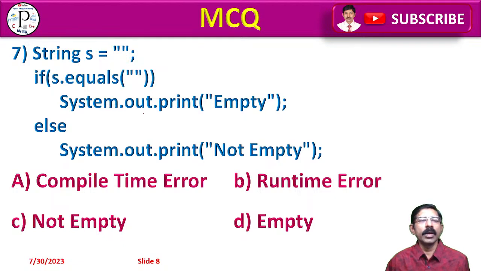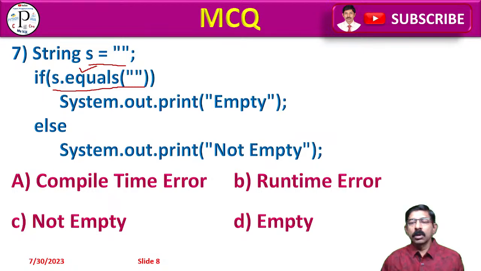Question number 7. String s is equal to null, nothing is available. s.equals with nothing. I'm using System.out.print.